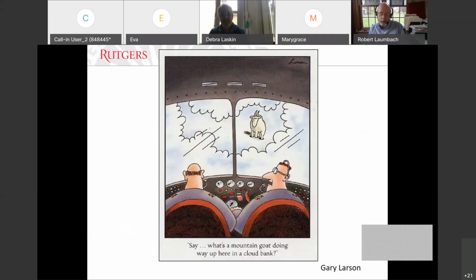So I included this cartoon here because it's something I've shown medical students in the past, to raise a point about how if we have a certain frame of reference, if we believe something, it can sometimes be hard for us to change our frame of reference.